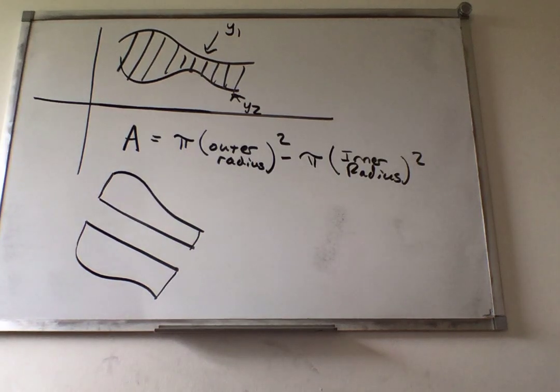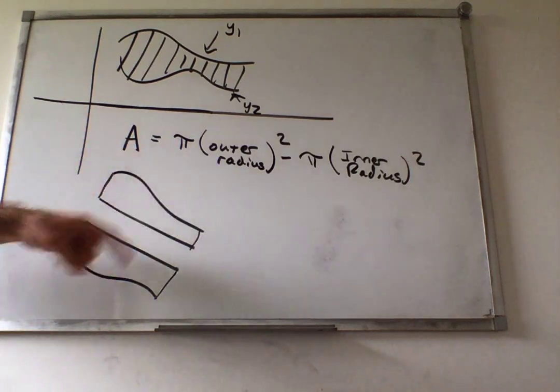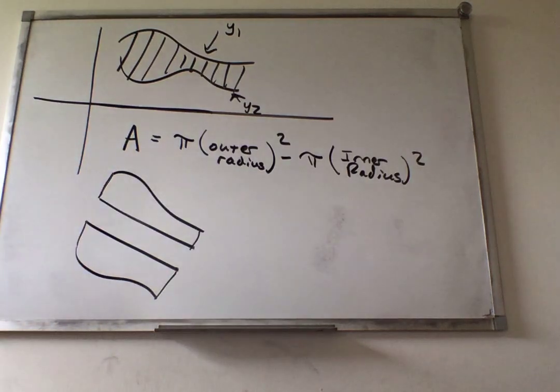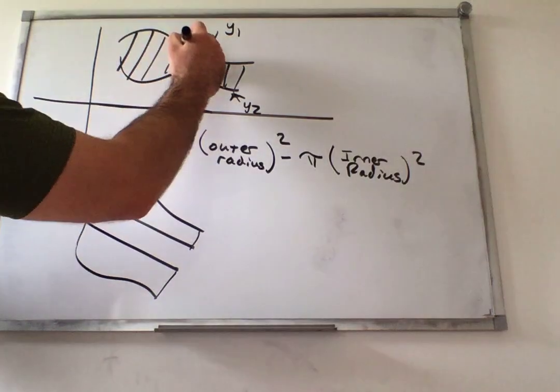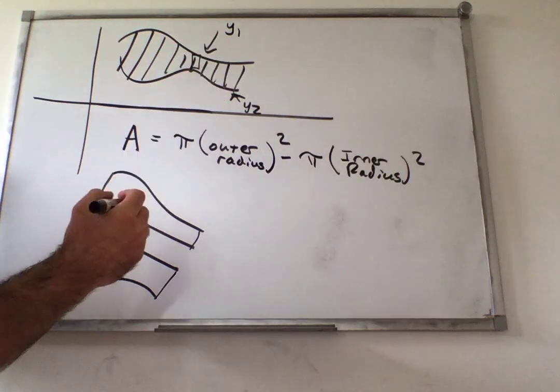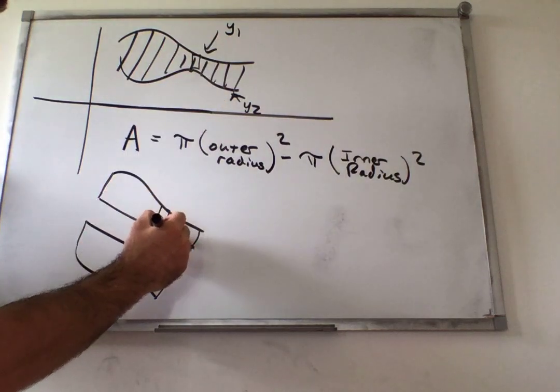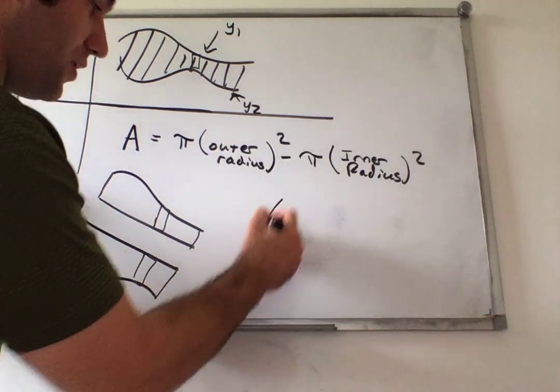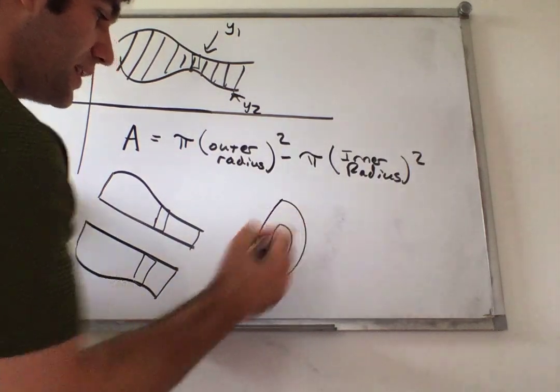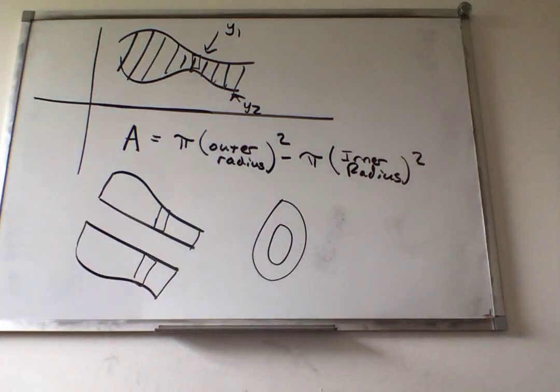If any of you are taking engineering graphics, you may know what I'm talking about. Like if this was a revolution and you got an extrusion in the middle, it's going to have a hole. They call it the washer method because if I were to make a small little rectangle right there, the little rectangle would be there and also right there. If I were to revolve this rectangle, it's going to create something that looks like a washer.